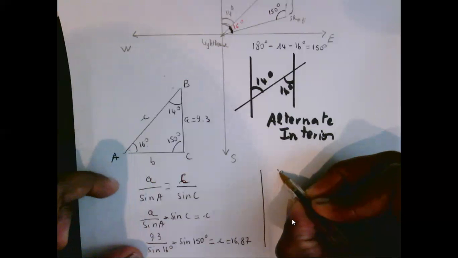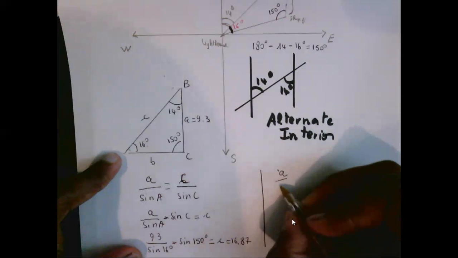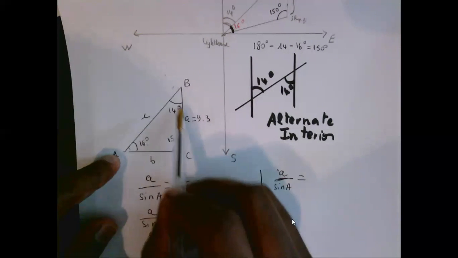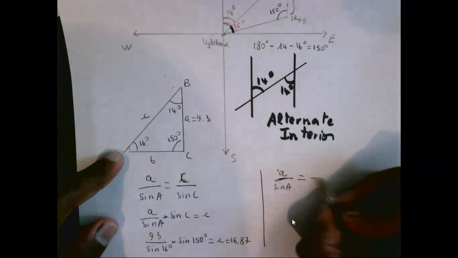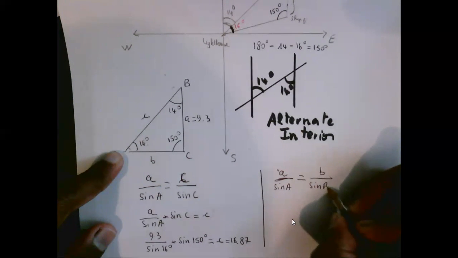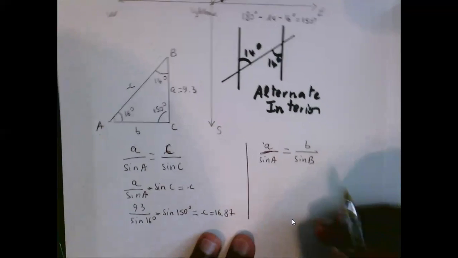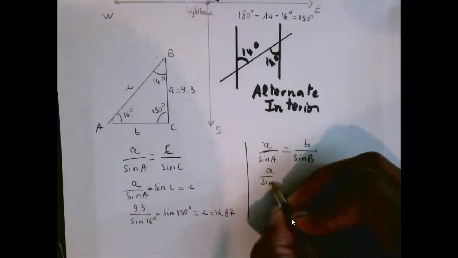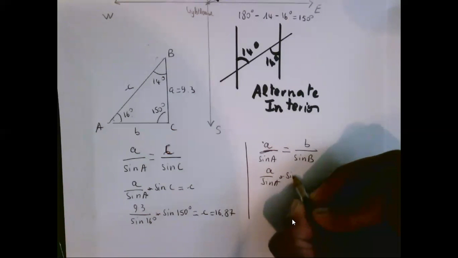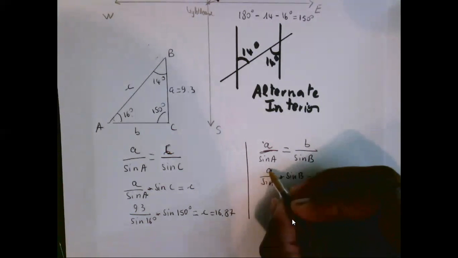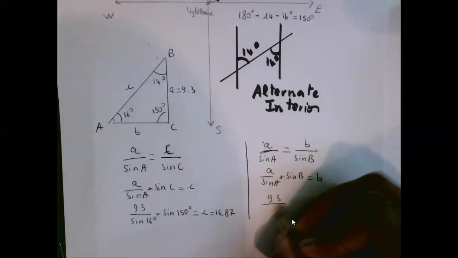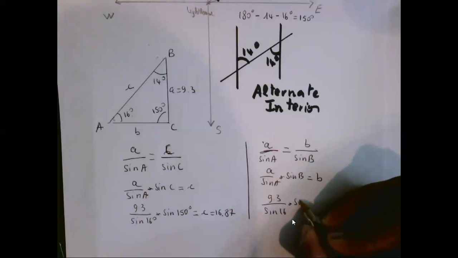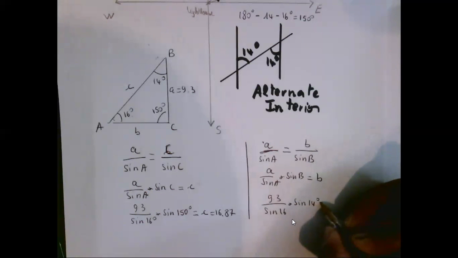So a divided by sine A is equal to b divided by sine B, and I'm looking for b. So a divided by sine A multiplied by sine B will be equal to small b. So 9.3 divided by sine of 16 multiplied by sine of B, which is 14 degrees, will be equal to my b.